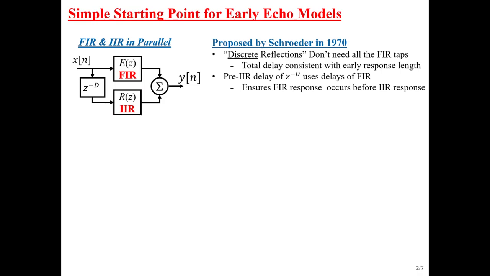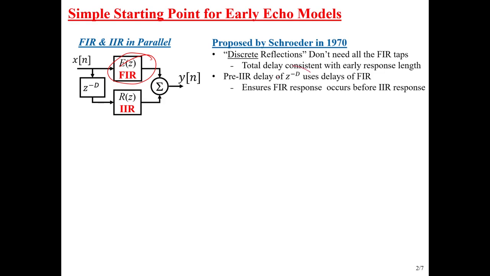So that sparseness is the fact that we don't need all the FIR taps in this FIR filter. Most of the coefficients in that are going to be 0. And then we pick the total delay through this FIR to just correspond to the length of the early response that we're trying to mimic.